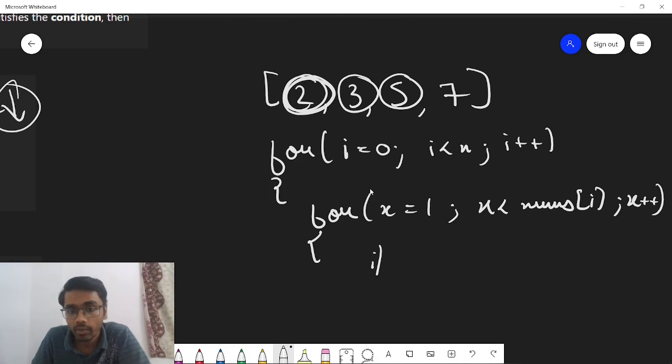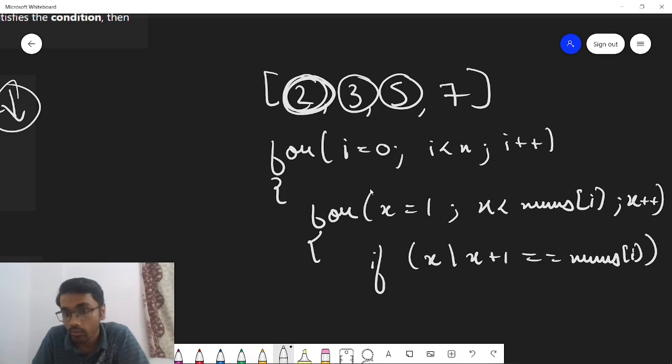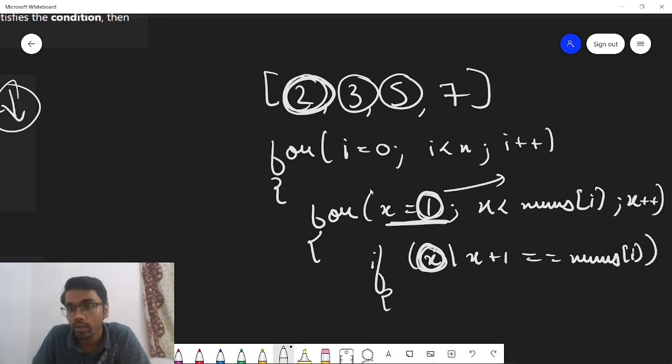Now we will check whether this x is giving us the valid answer or not, or whether it is satisfying the condition or not. So if x OR x plus 1 equals nums of i, that means yes, this x is the minimum value possible. Why minimum value possible? Because we are starting our iteration for x with the minimum value possible, and then we are increasing.